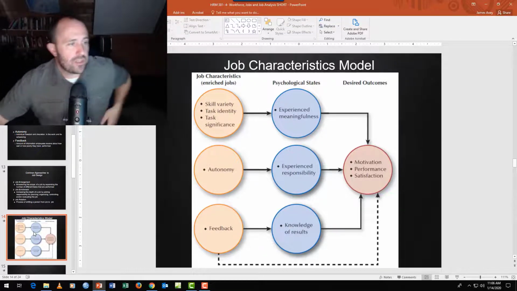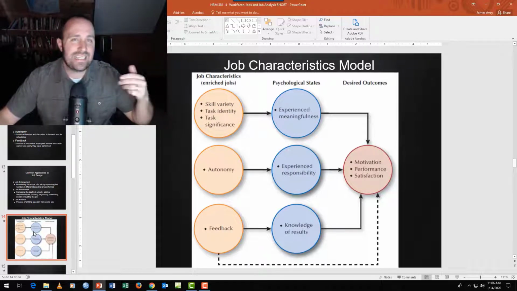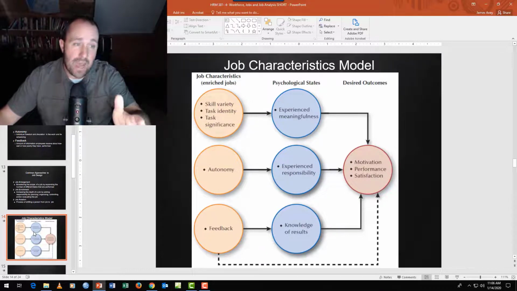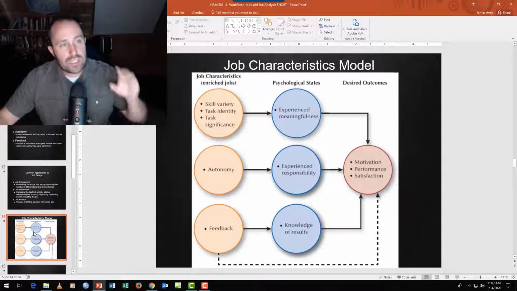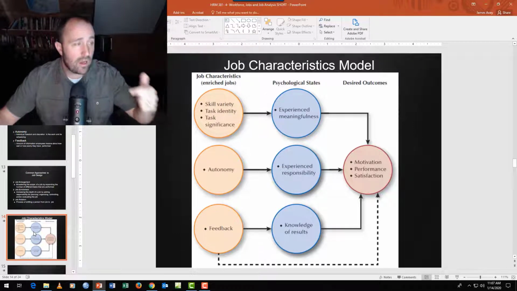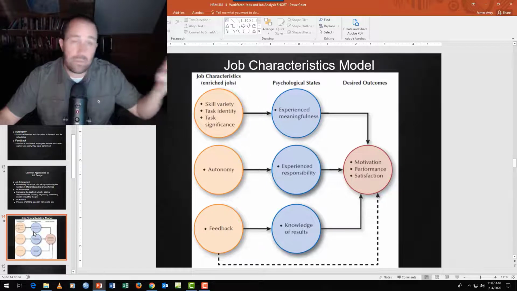Now, here's the question. What do we do about it? So far, I've used this as a descriptive model, meaning it describes how job design impacts performance and attitudes, right? So let's switch it from a descriptive model to a prescriptive model. Let's look at what the prescription is. If this theory is useful, there should be a prescription.